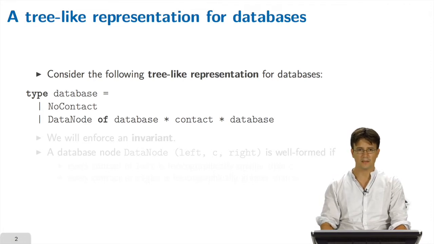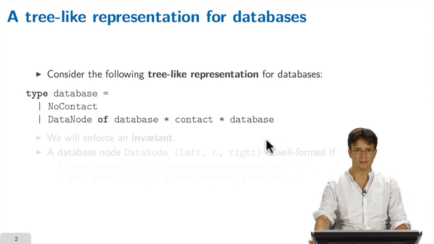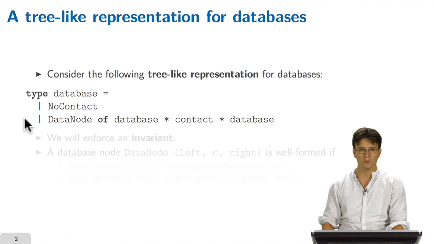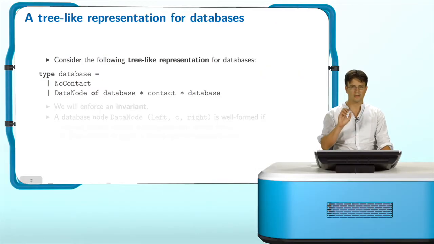A database can be empty, in which case it has no contact, or can be a node that has a contact in the node and a left child database and a right child database.